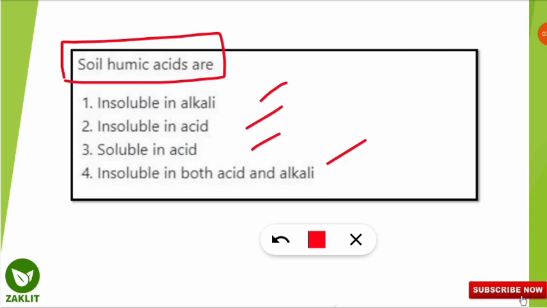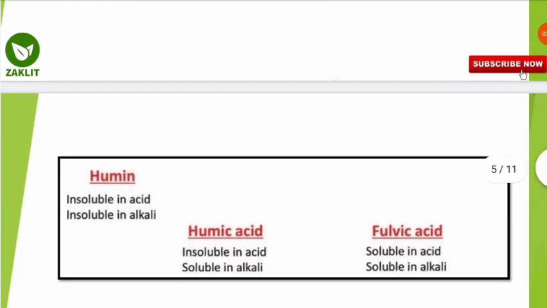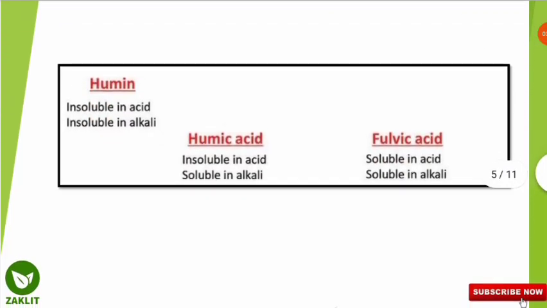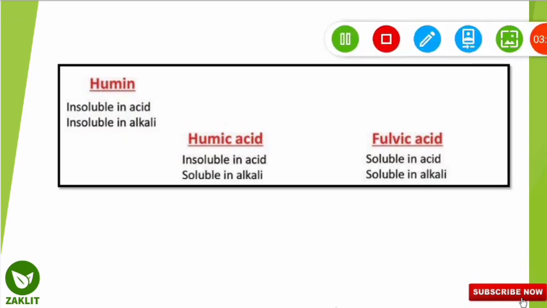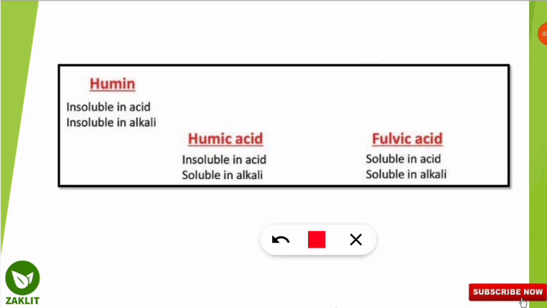Here, soil humic acids are insoluble in acid, so option number 2 will be correct. We should know humic acid, humin and fulvic acid, all three, and their solubility in acid and alkali, because it is most often asked. Starting with humin, it is insoluble in acid and also insoluble in alkali.